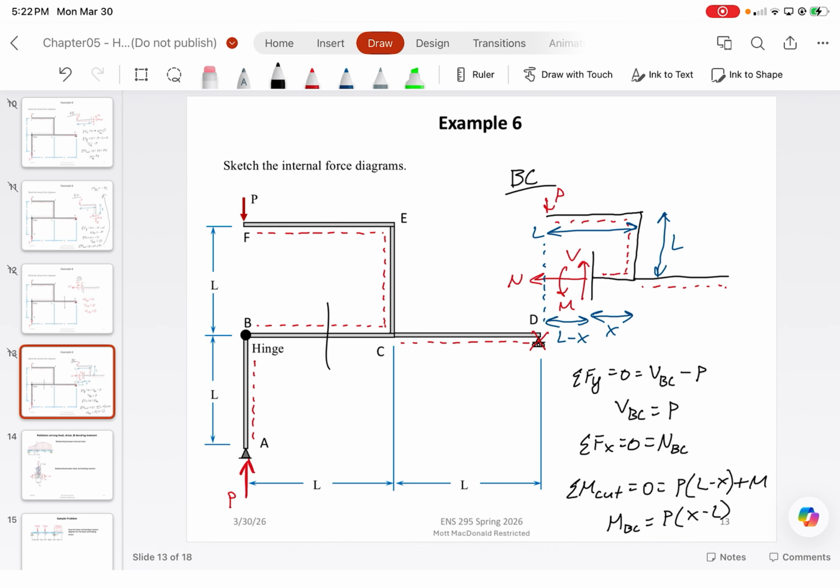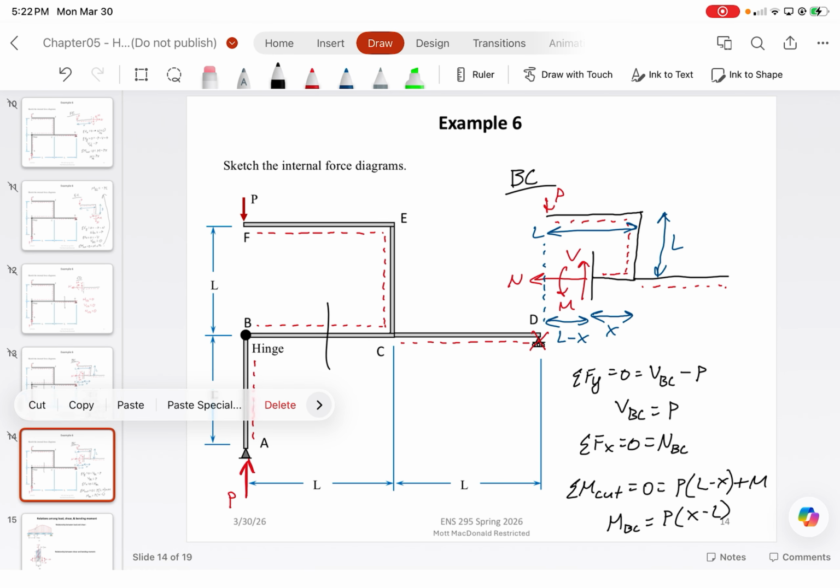All right. Last step is just analyze the internal forces in member AB. So for AB, we cut a section. We can either cut it and analyze everything above the cut or everything below the cut. Below the cut, I think, is a nice and simple thing. So just cut it like that.